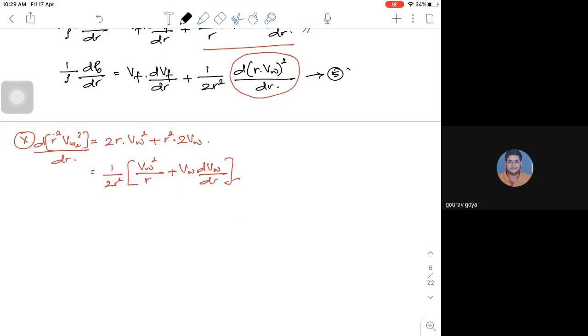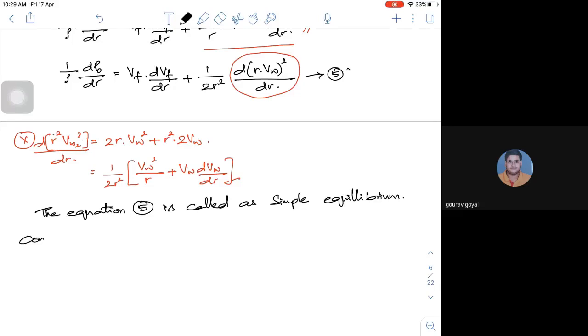Equation 5 is called the simple equilibrium condition. This is the equilibrium theory.